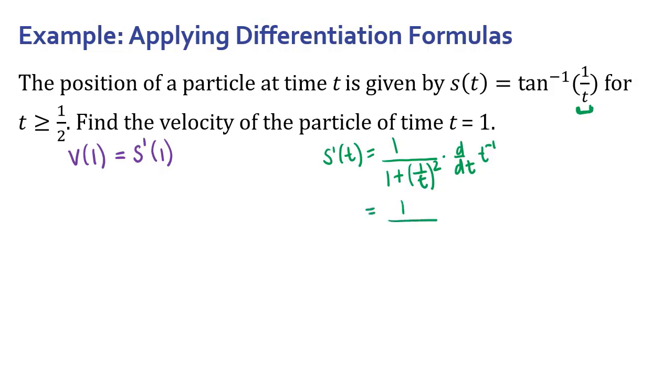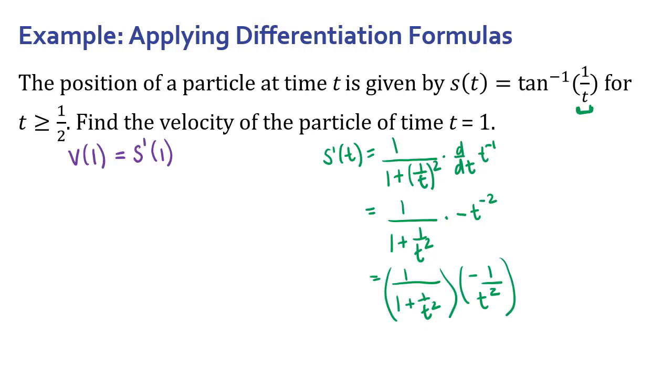So I'm going to get 1 over 1 plus 1 over t squared times negative t to the -2, which ends up giving me 1 over 1 plus 1 over t squared, all times -1 over t squared.